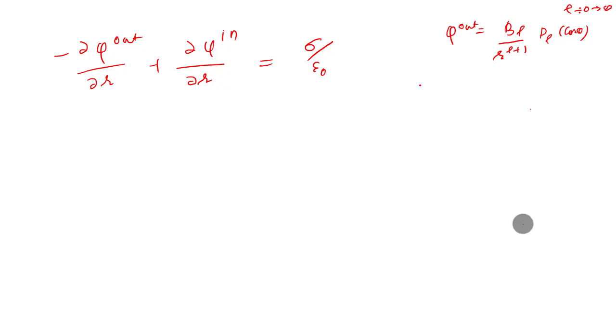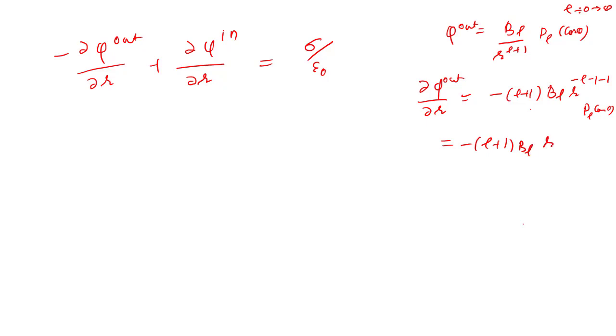So if I do dou phi by dou r for out, I would have minus (L+1) B_L times r^(-L-1) P_L(cosine theta), or minus (L+1) B_L r^(-L-2) P_L(cosine theta), or that is minus (L+1) B_L by r^(L+2) P_L of cosine theta.